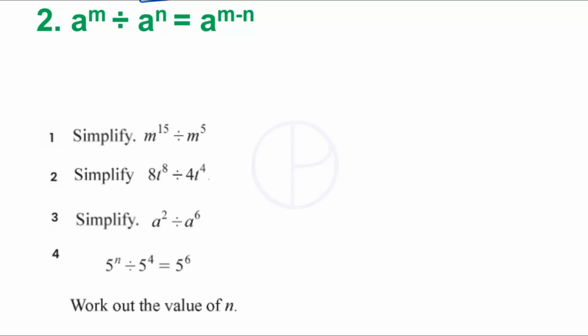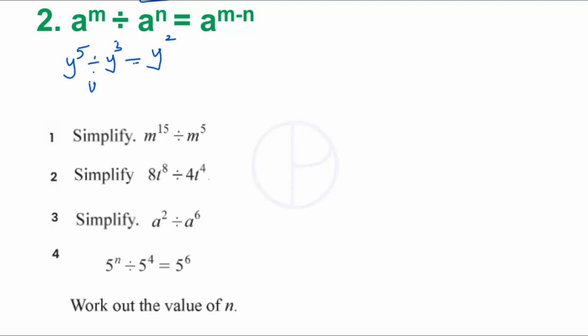For example, y power 5 divided by y cube. This can be written as y power 5 minus 3 is 2.